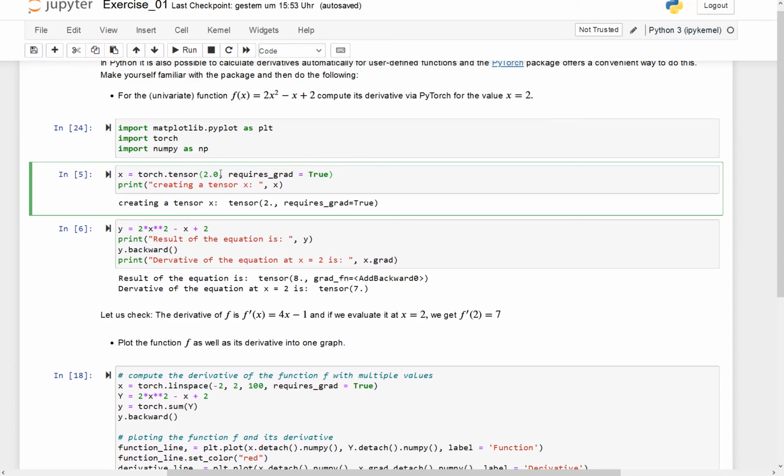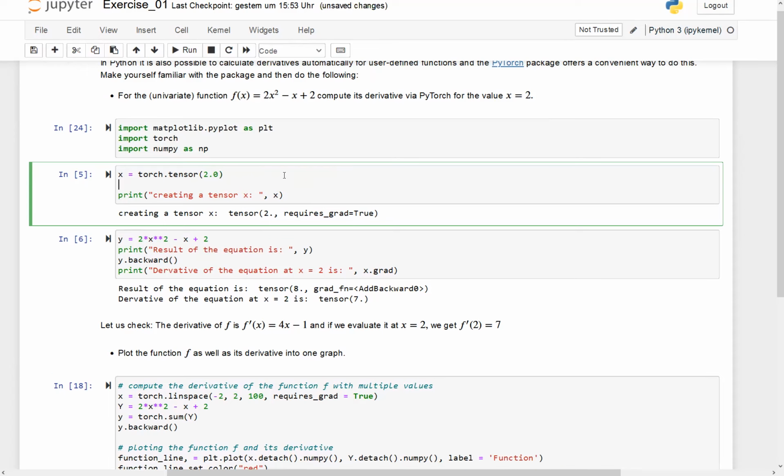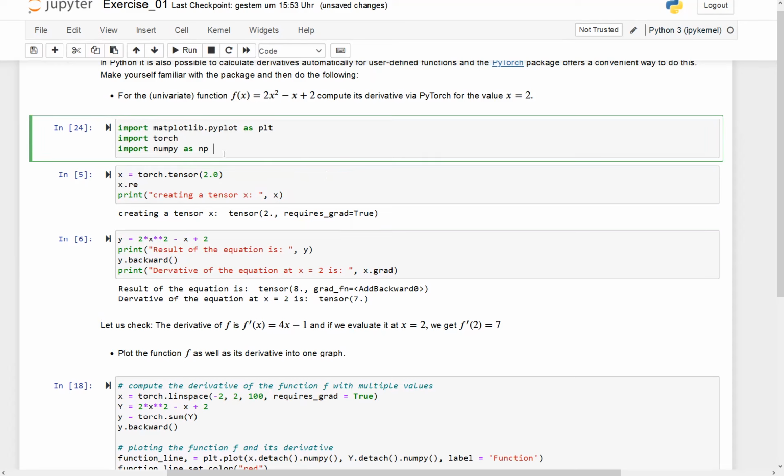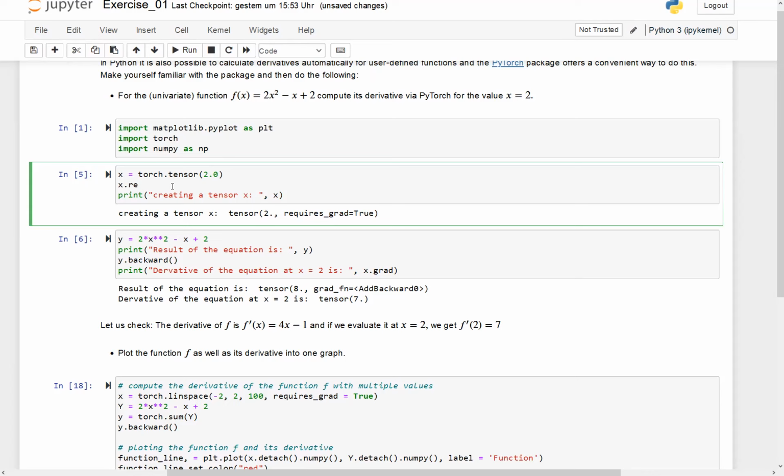If you haven't specified this here, I have to reload it, of course.